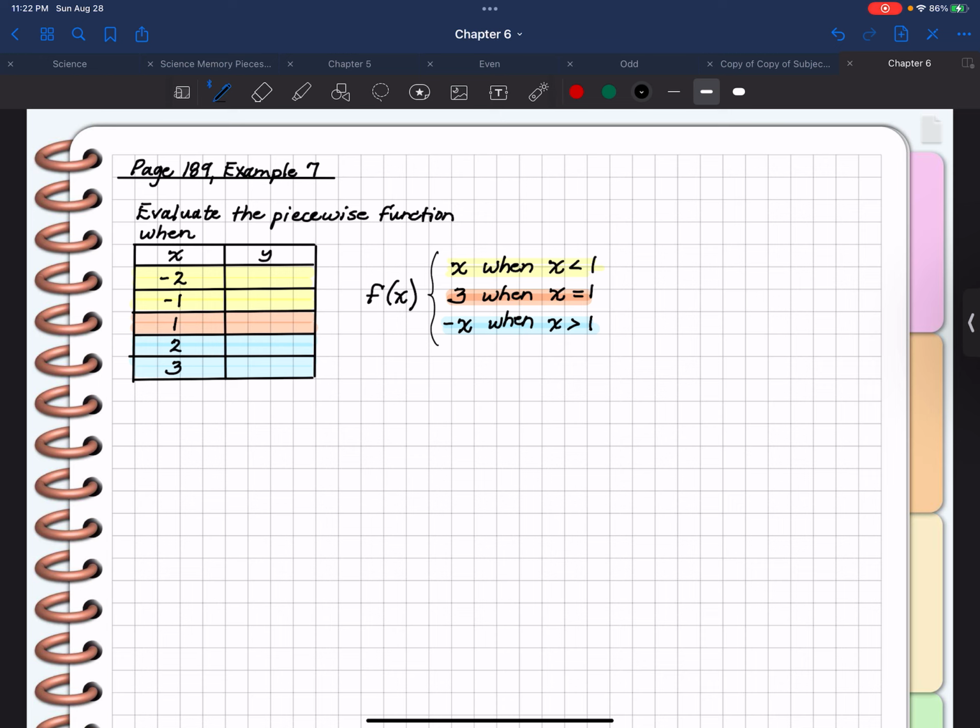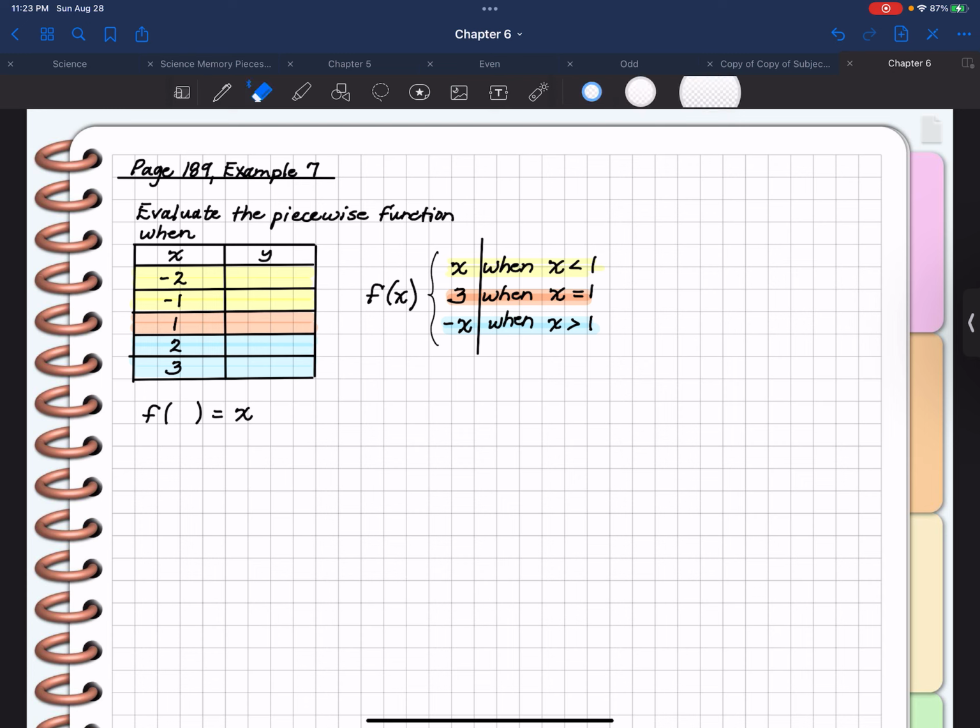All right, let's start with f of -2. That's a yellow one. And when x is less than 1, the output is simply x. Let me draw a line right here. This is not part of the function. That's telling you the condition. I don't want to confuse you.